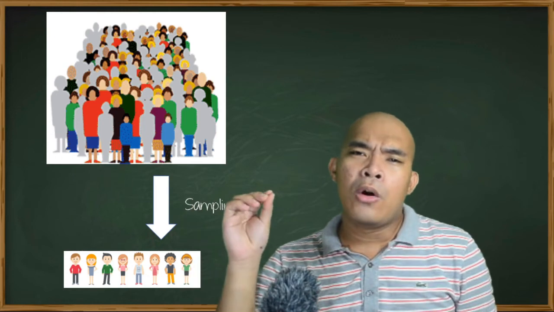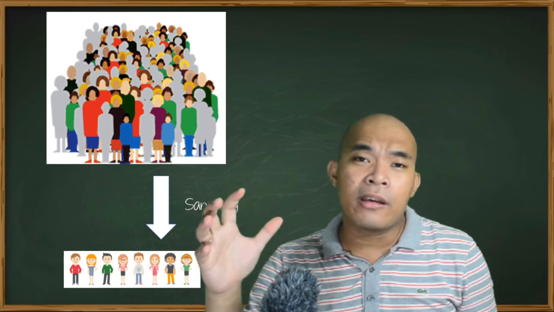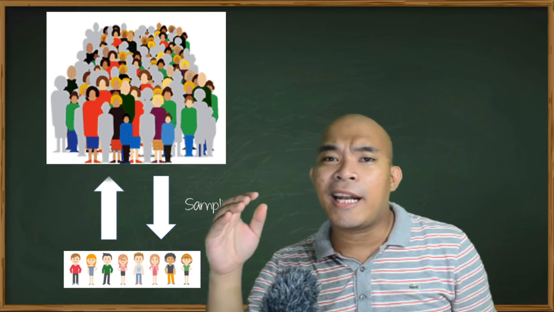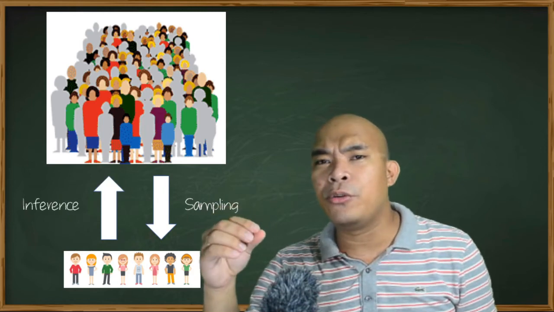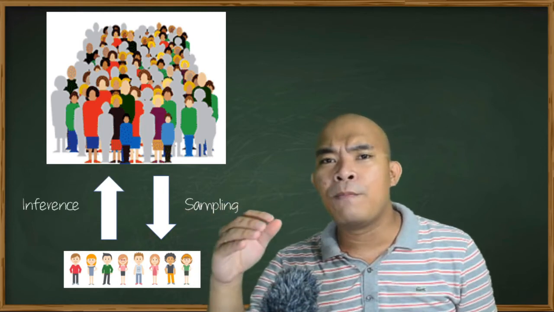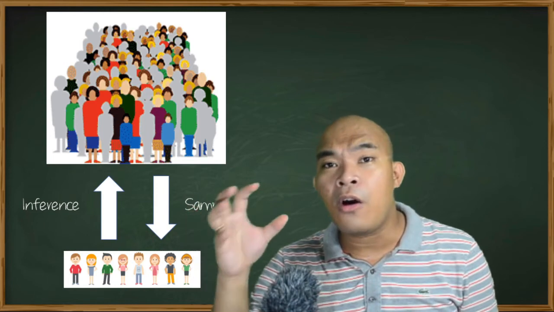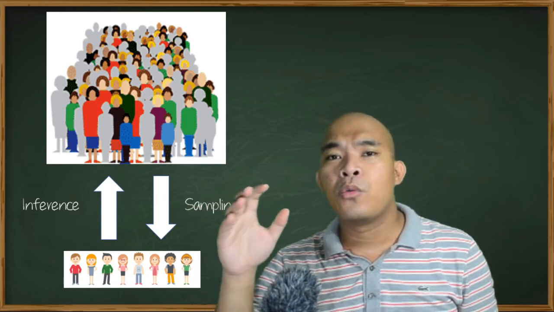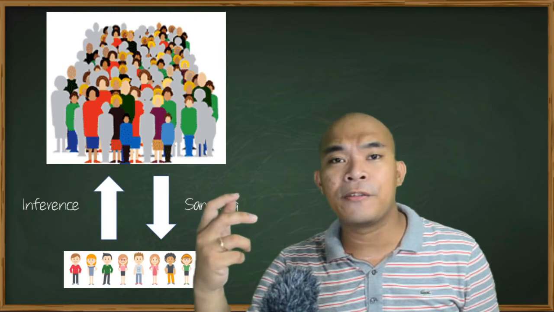However, if we are going to predict or infer the characteristic of the population, such as gender or average grades, using the characteristic of our sample, hence, we have to use inferential statistics.